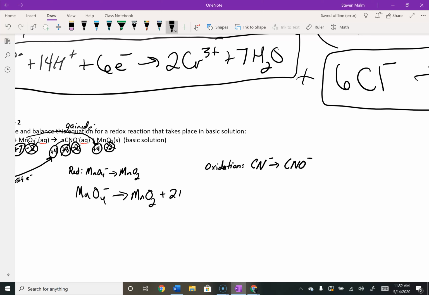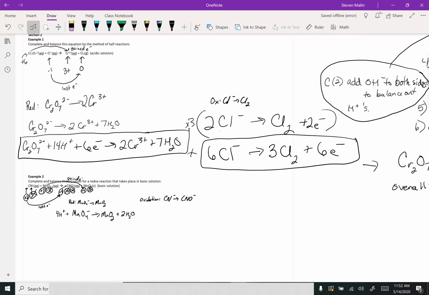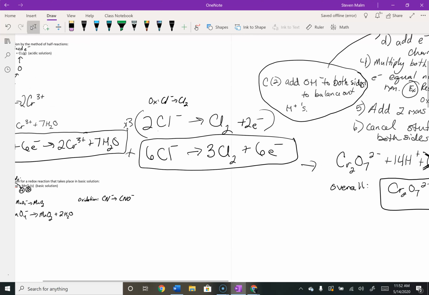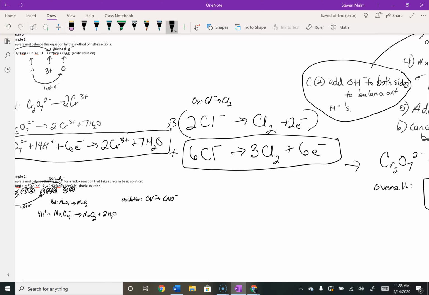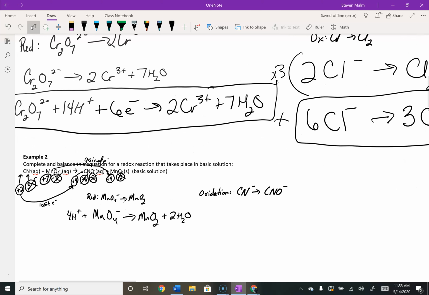So we're going to add 2H2O. Next step is to add H's to balance out the H's. So we're going to add 4H plus. And then this is where the fact that it is a basic solution comes into play. So now what we're going to do is we're going to add OH minus to both sides to balance out the H's. So in other words, I have to add to the left side the same number of OH's that I added H's.